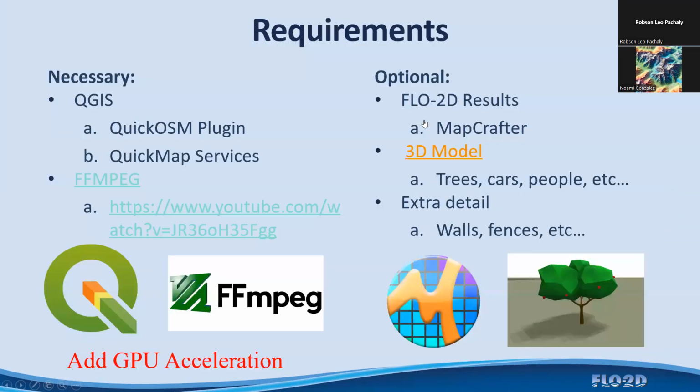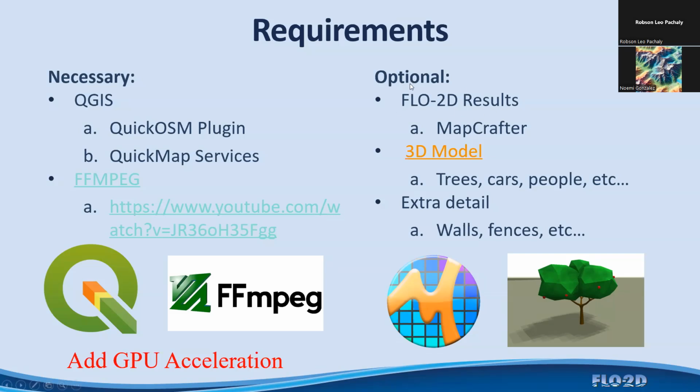Okay, and so here are some of the requirements that we need to have. So this will be done using QGIS, and to get the buildings data, we are going to use the Quick OSM plugin. And to get the base map, we are going to use the Quick Map Services plugin. And for the FLO-2D results, we are going to use MapCrafter.